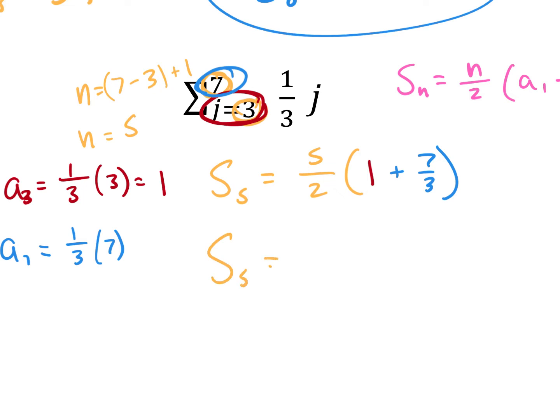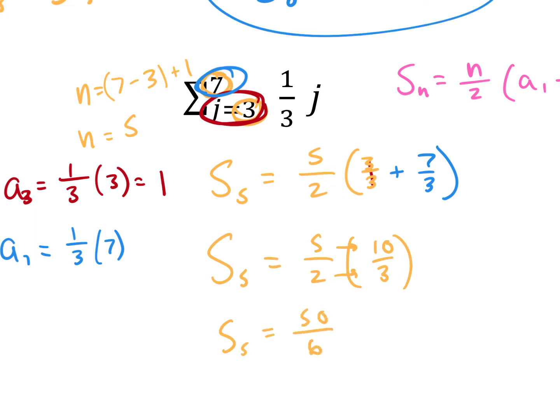So S sub 5 would be 5 over 2. I'm going to change this to have a common denominator, making it 3 over 3. So it would become 10 over 3. And then when multiplying fractions, remember we multiply straight across. So this would be 50 over 6.